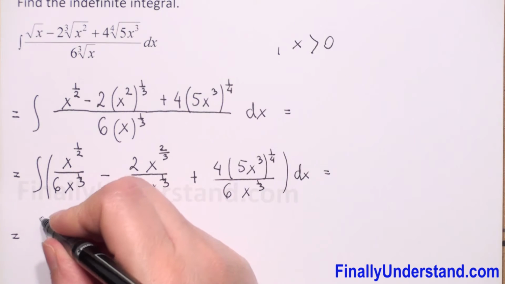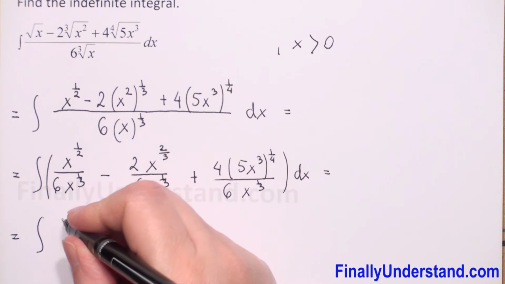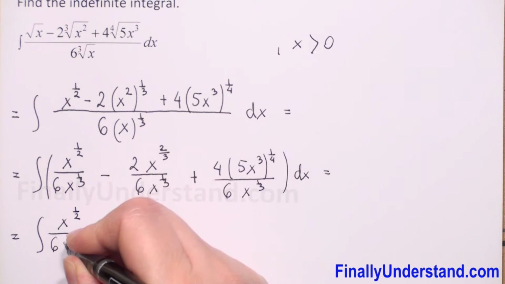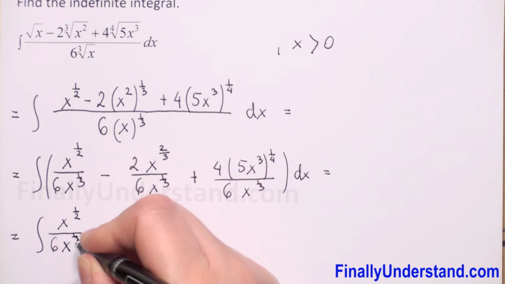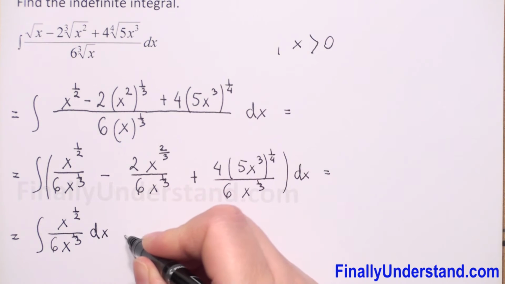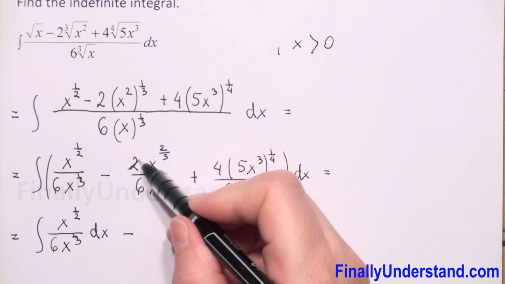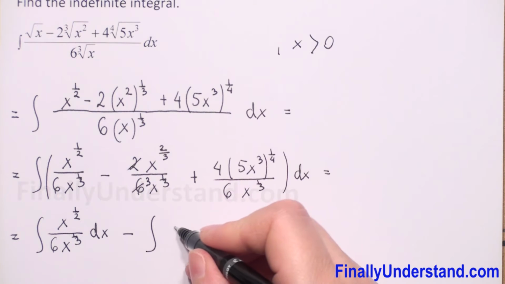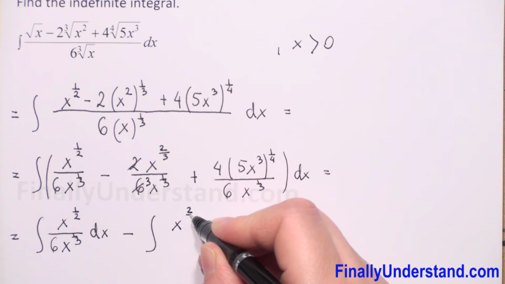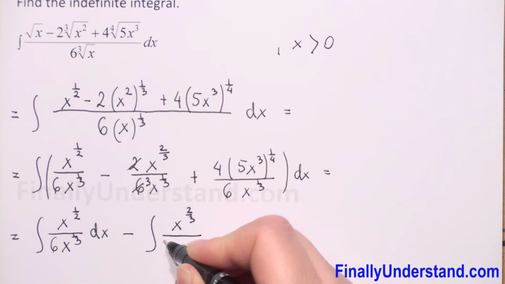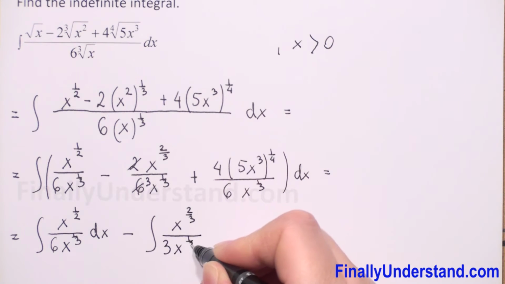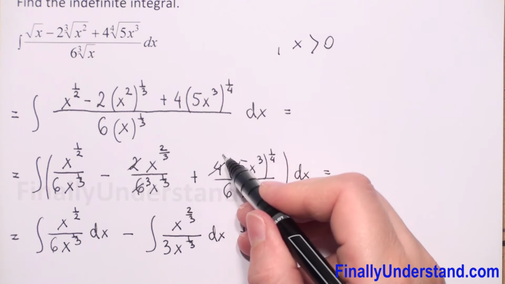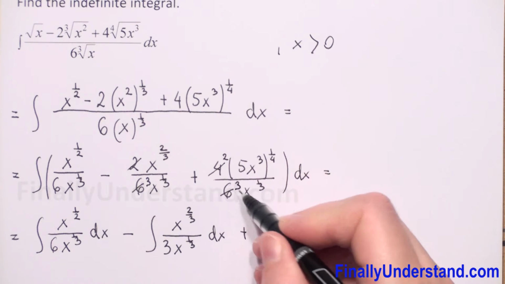So it will be the integral of x to the power 1/2 over 6x to the power 1/3 with respect to x minus, we can reduce 2 and 6, so it will be 3, the integral of x to the power 2/3 over 3x to the power 1/3 with respect to x plus 4 divided by 2 and 6 divided by 2.